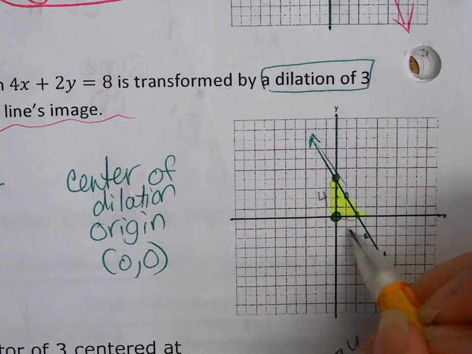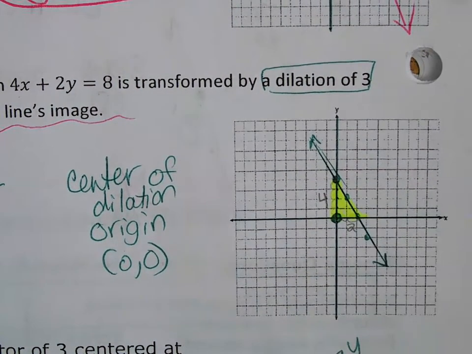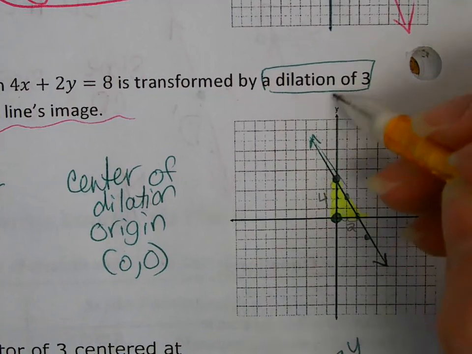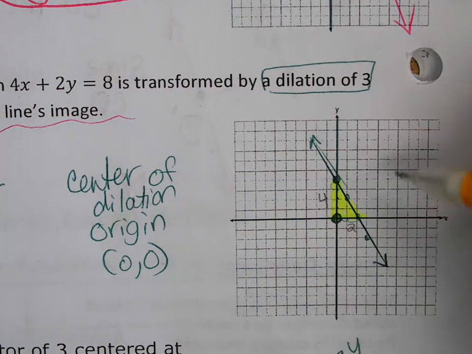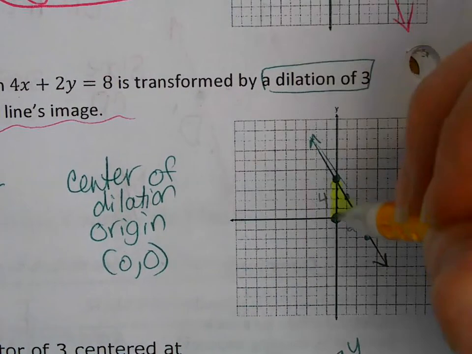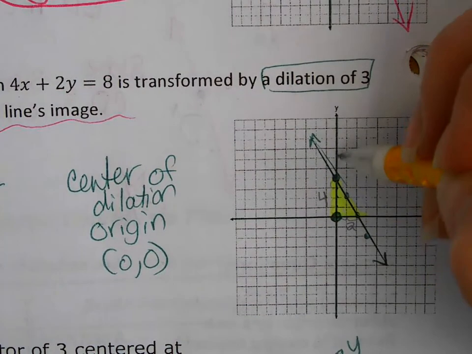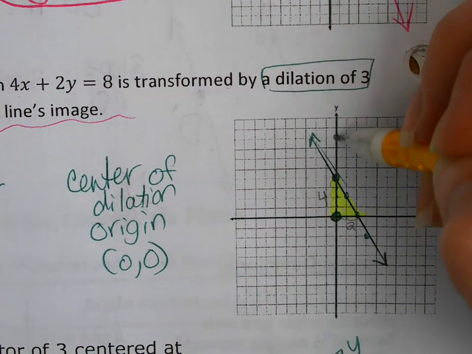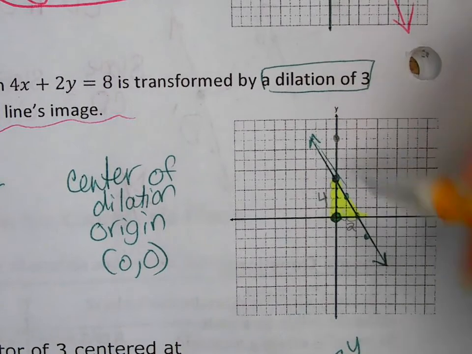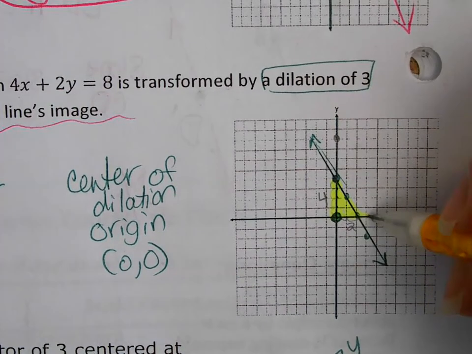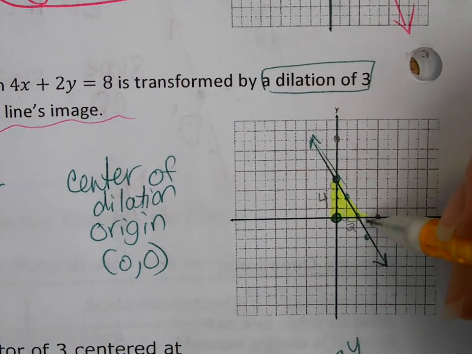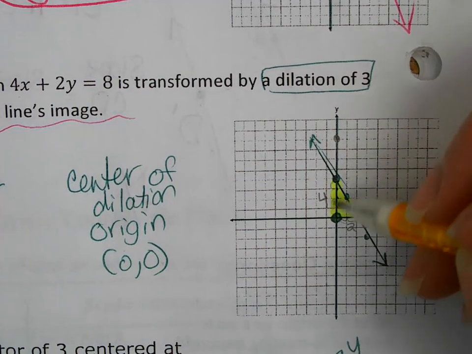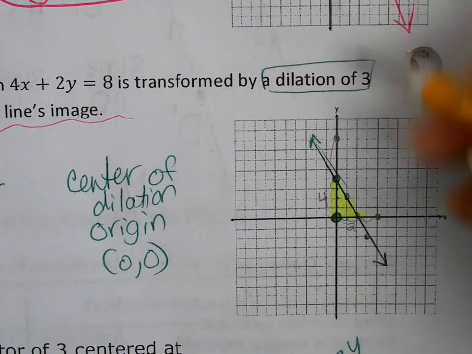And 2 boxes across. That triangle we're going to make 3 times farther away. So if it's 4 boxes over now, 4 more, and if this is 2 over, we go 2 more. That's twice as far away, isn't it? In both directions.